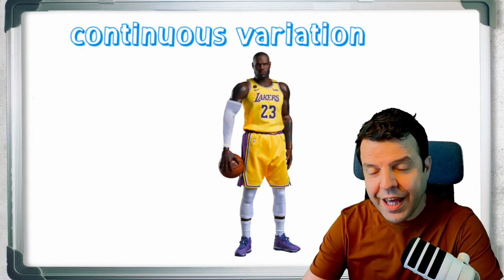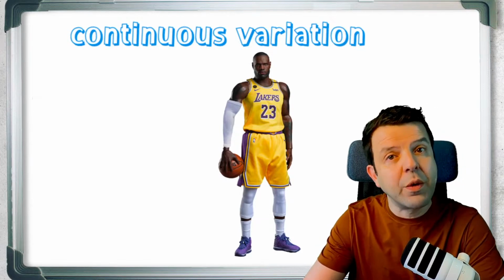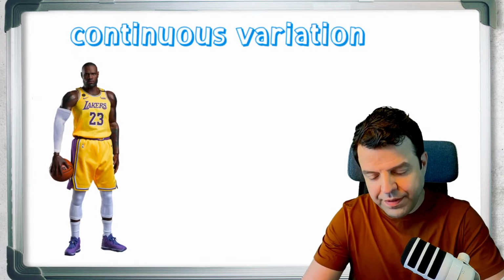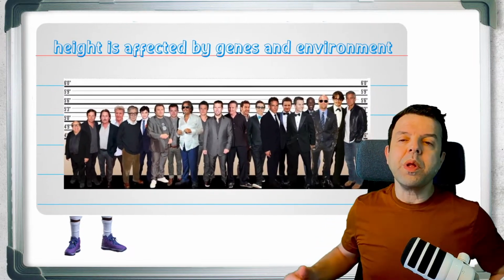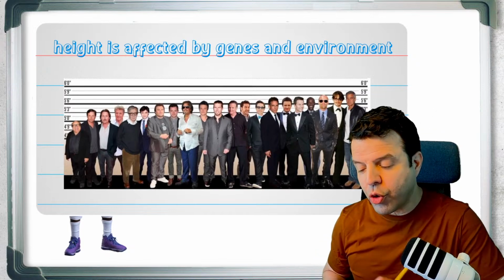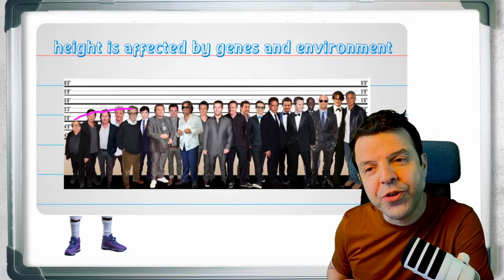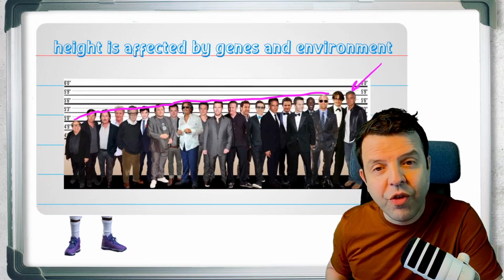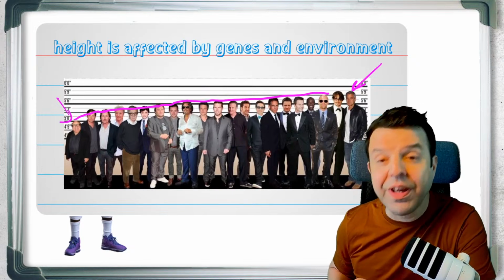But if some features like height are influenced by the environment, then we describe this as continuous. Why do we call this continuous variation? Simply because height and other features that show continuous variation show gradual differences, very small differences among two extremes. You have the very tall, you have the shorter, and we have intermediates.